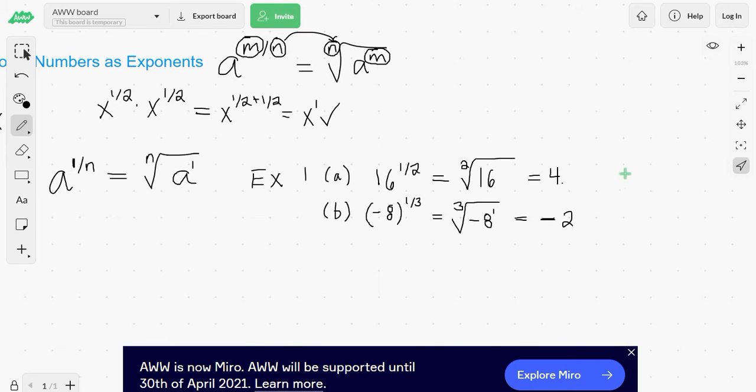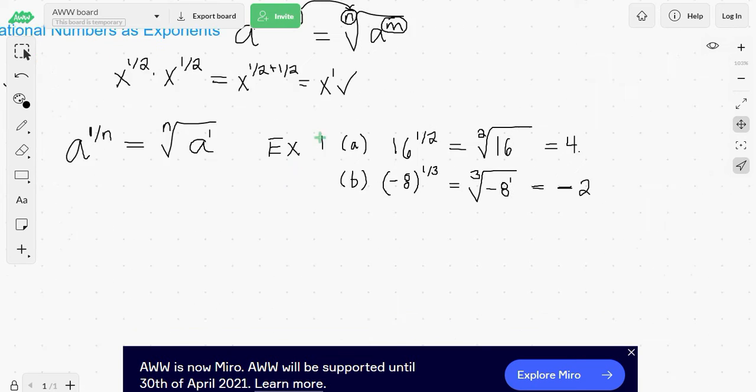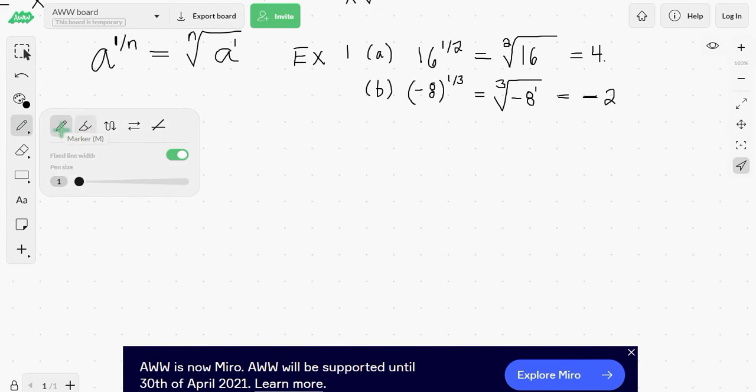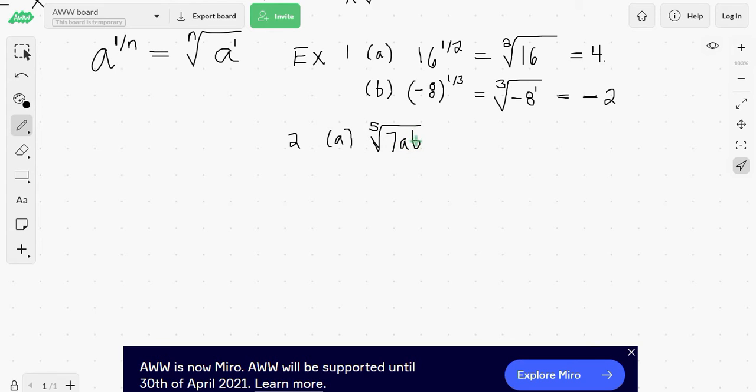Let's take a look at some more examples, possibly some more interesting ones. Example 2. Let's get used to taking something that's in radical notation already, something like the 5th root of 7ab, and let's take it from radical notation to exponent notation.